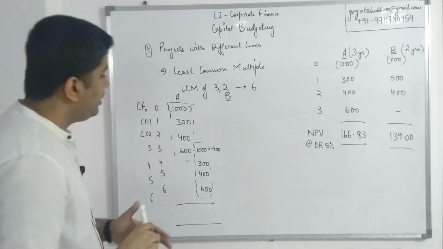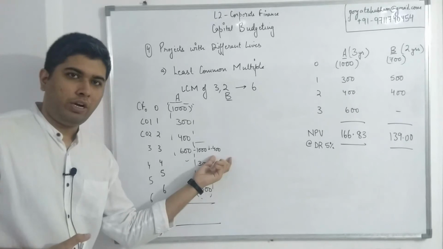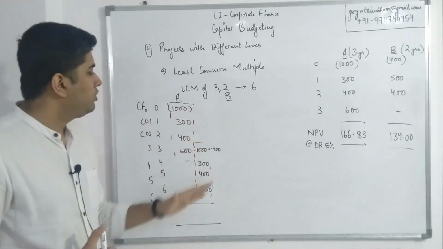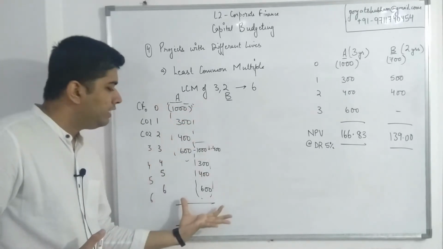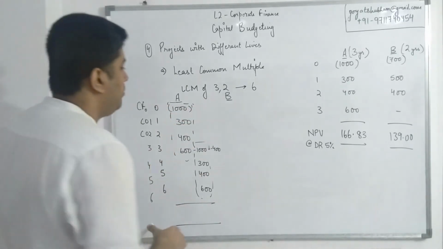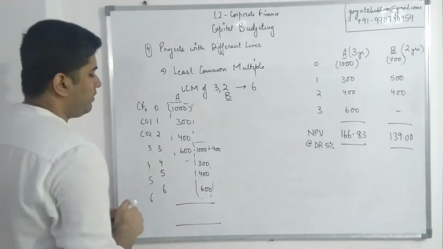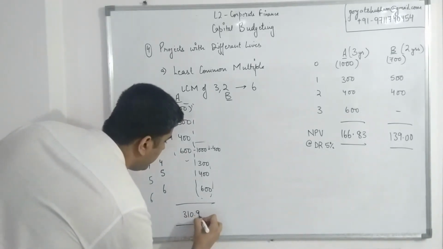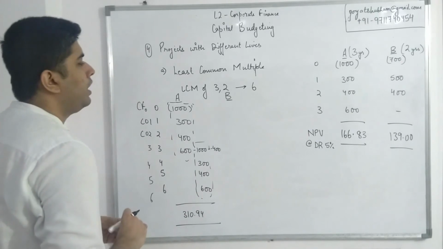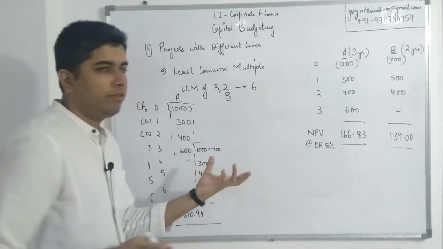In C03, we'll input the value minus 400. My suggestion is to pause the video and give it a try, to see if you can calculate the NPV of this combined series of cash flows. When you solve for this entire series, you'll get an NPV of 310.94 approximately.